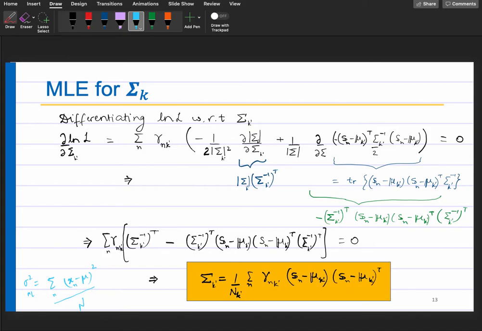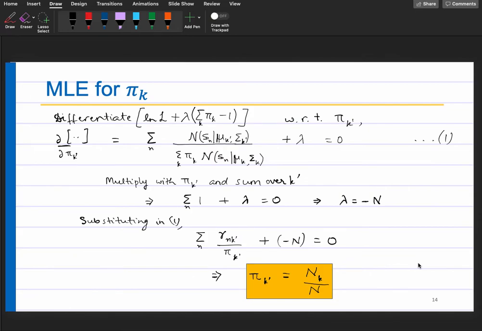So this term is something similar: x minus mu k into x minus mu k transpose. So it is essentially x minus mu whole square, with the soft weights, divided by the sum over all the weights, right? Something very similar. So this is how you estimate your covariance matrix for each cluster.